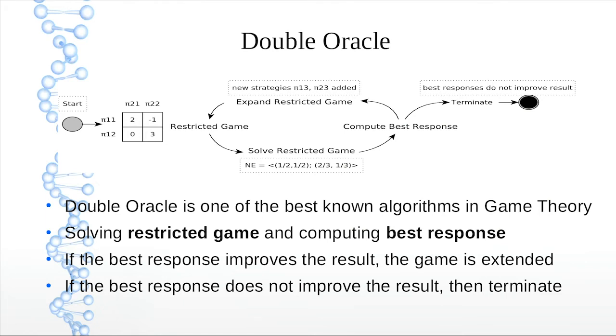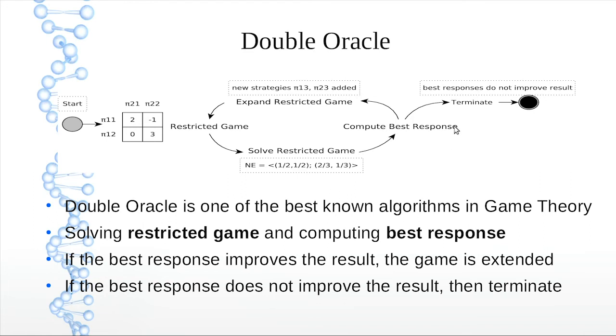Now we will leverage the well-known double oracle algorithm, one of the best known algorithms in game theory. The double oracle is based on solving restricted games, where the restricted game has several strategies, in our case several plans, for each of the agents, and by solving the restricted game we are assigning optimal probabilities for executing each of the plans.